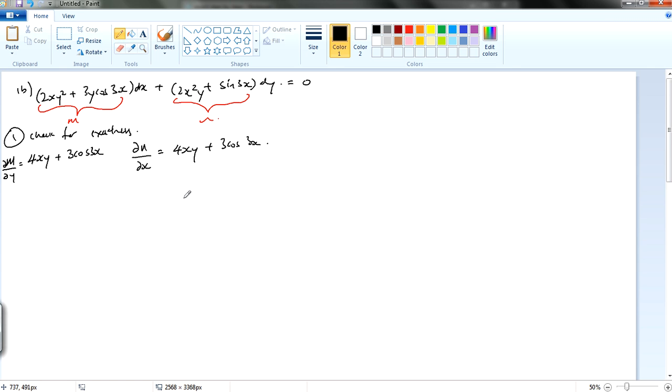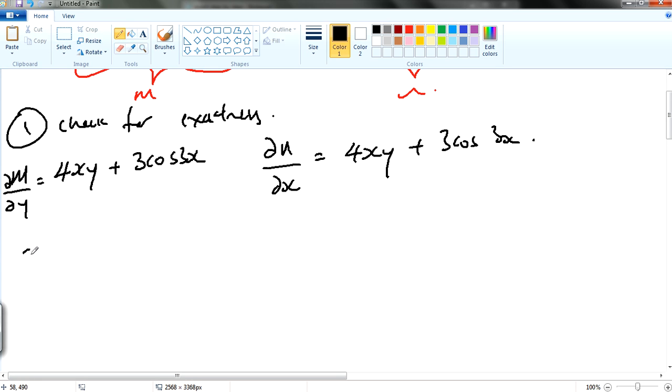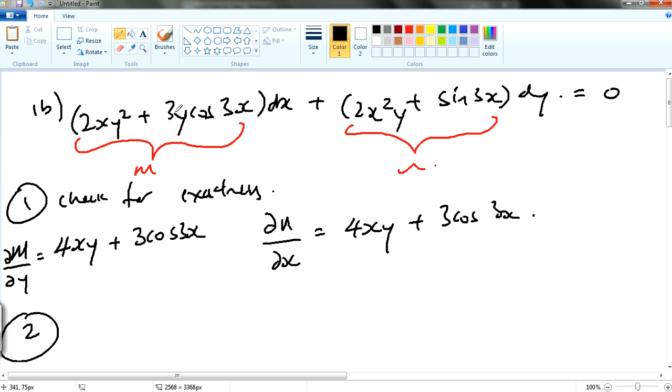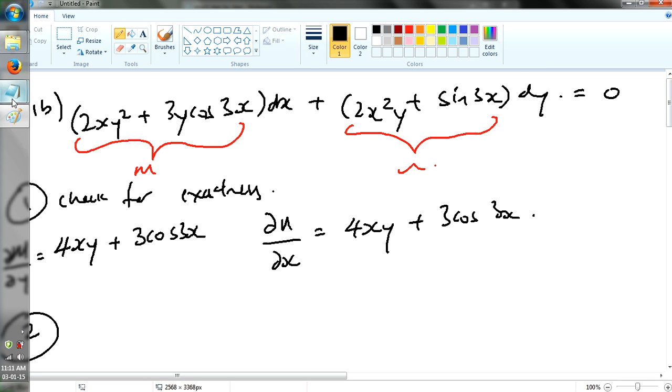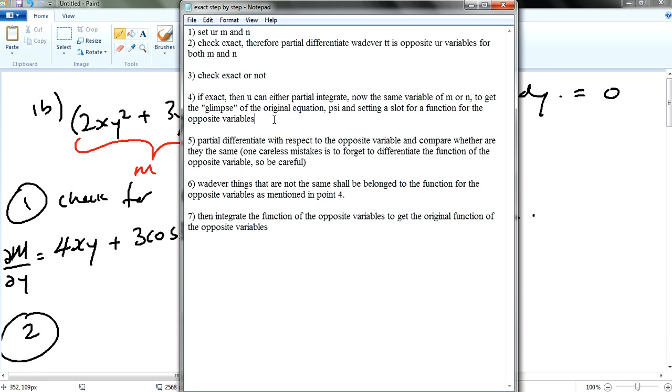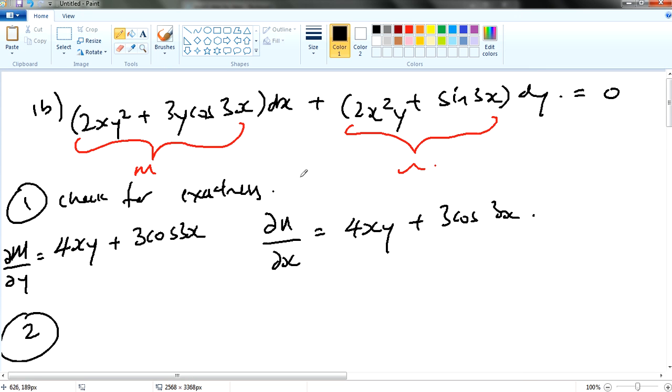Now the second step: we put away all this, it's already history. Now you can solve for the original equation, xi. We want to get a glimpse of the original equation. Okay, now I just try this.